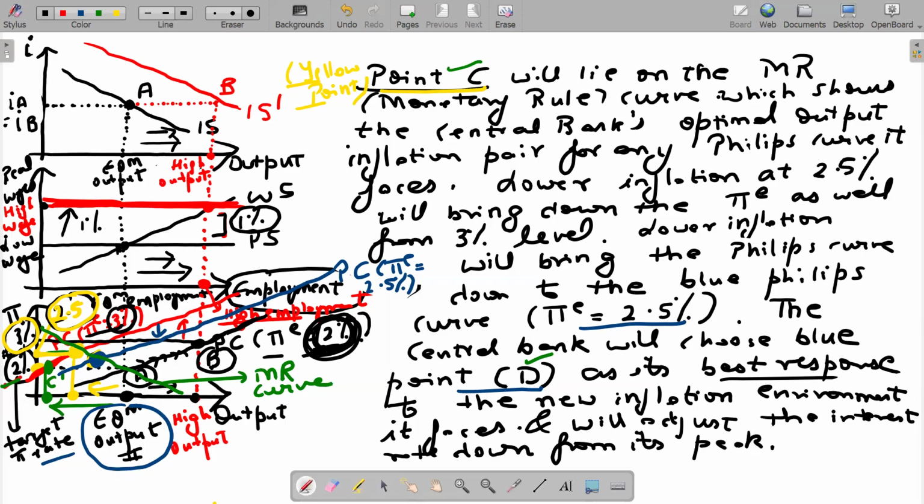How come? You could clearly see that the interest rate first of all went from B to C. This was point C.